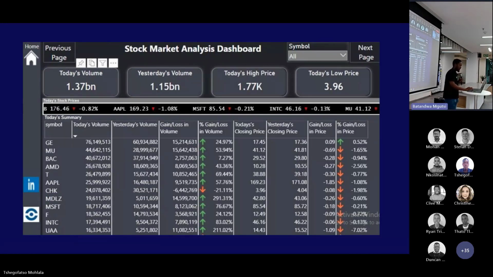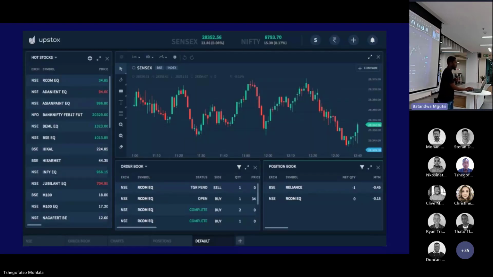So it becomes difficult to make sense of what this data means at this point and to also make valuable decisions. So you have your brokers, which play as the middleman between you and the stock market.